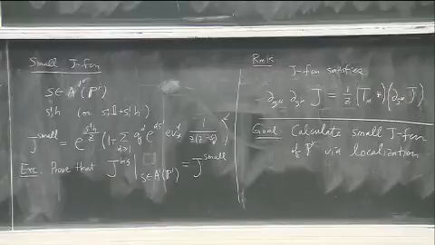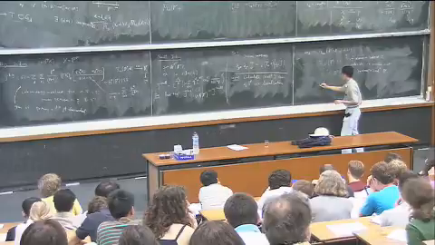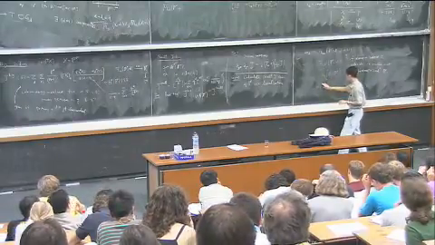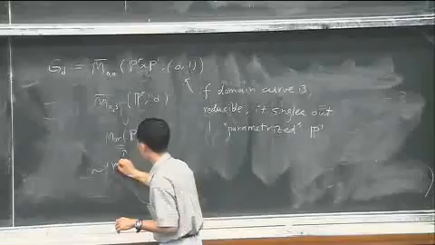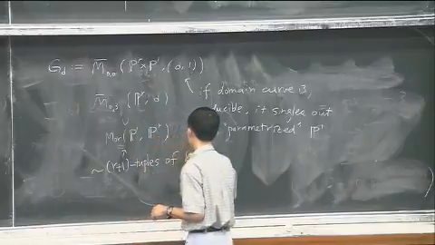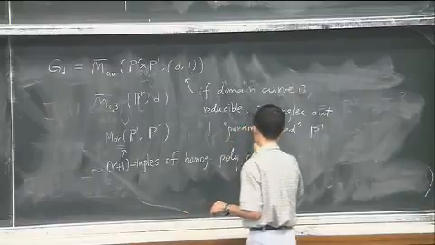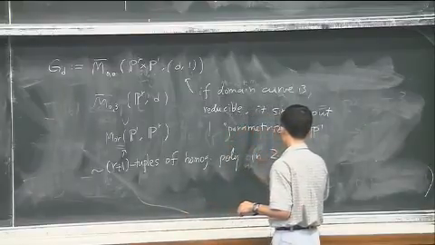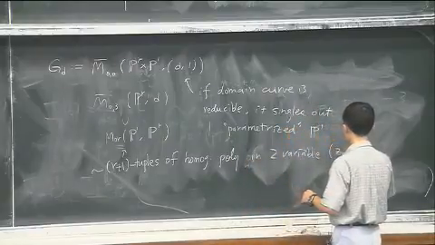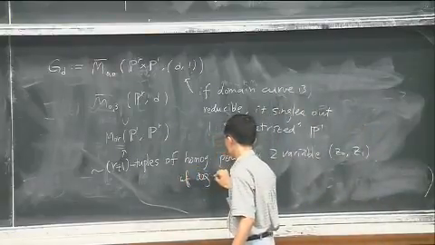Well, this is the same as R plus 1 tuples of homogeneous polynomials in two variables. In fact, these two variables will be your P1, let's say Z0 and Z1, of degree equal to D.